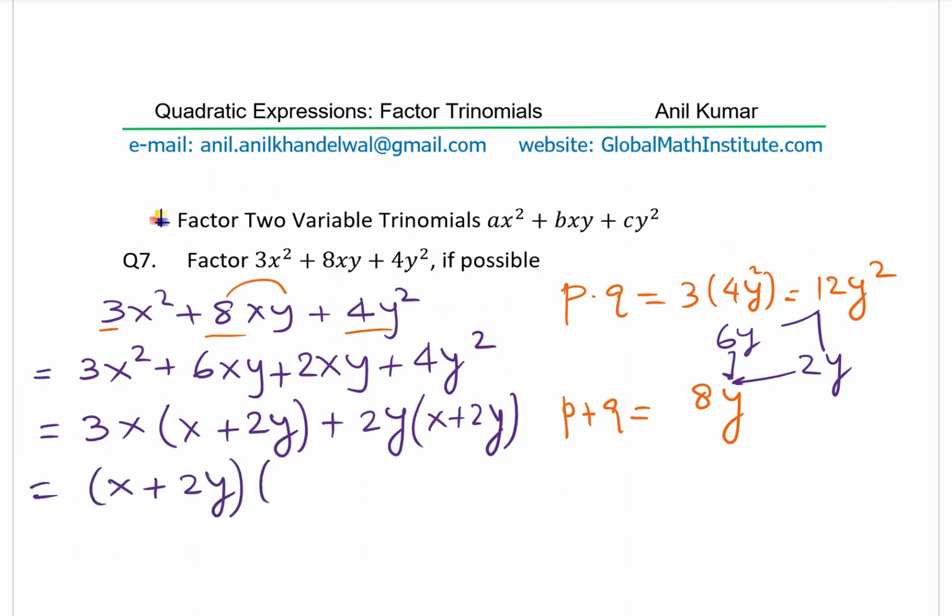We're left with 3x plus 2y. Do you see that? So that is how we can factor it. So I'd like you to go through this once again. Try to understand what really happened when we had two variables x and y. So the critical step here is to note that we have to include y. Perfect? I hope that makes sense.